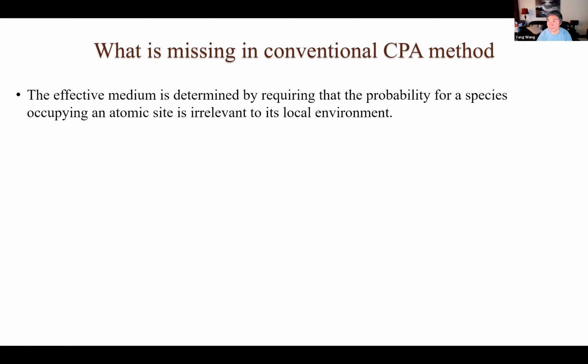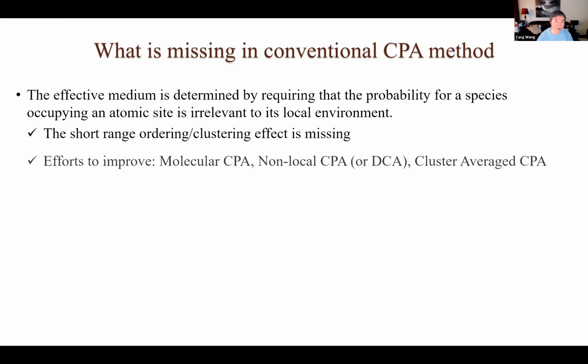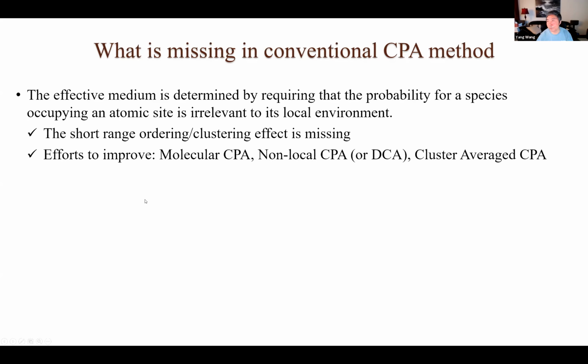So the single site approximation is really good for a completely random structure. But if your structure has short range correlation in it, this kind of effect is not included in the construction. So the short range ordering and clustering effect is missing, and there's an effort to improve it.